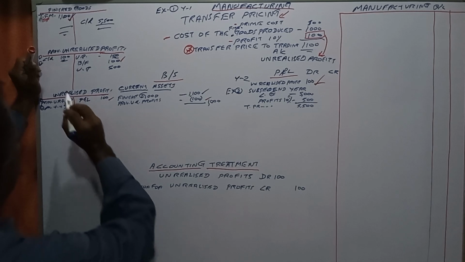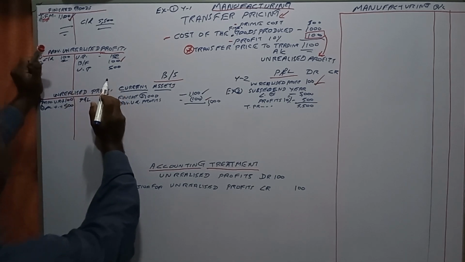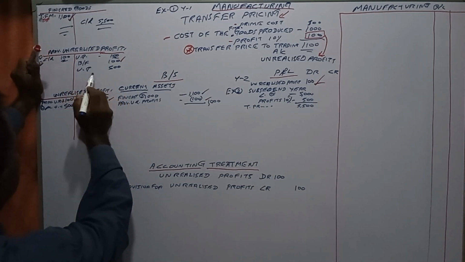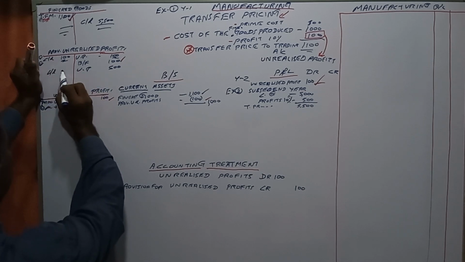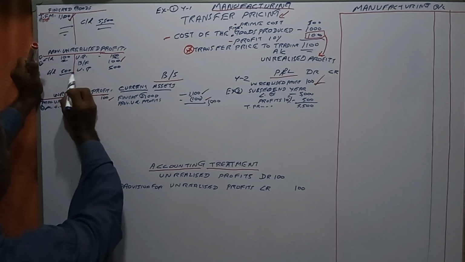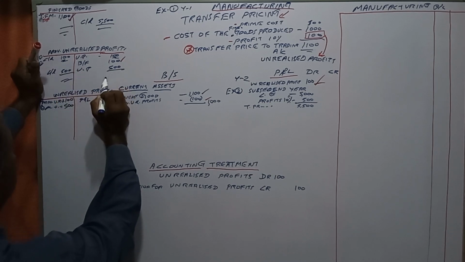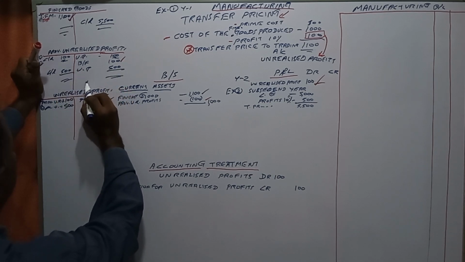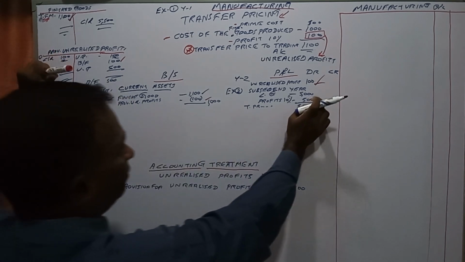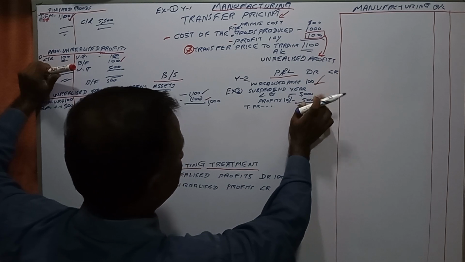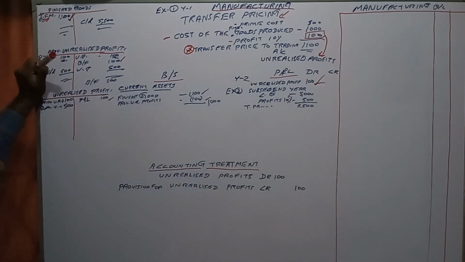The carried down value should be 500. Brought forward balance should be 500, because here we have 5,000 worth of goods for year 1.